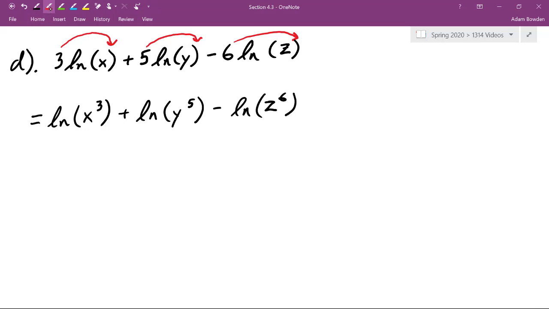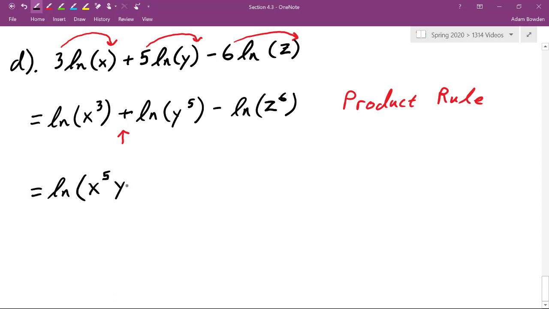Okay, and now we've got both subtraction and addition going on here. I'm going to take care of the addition part first, and that would involve the product rule. So what that tells me to do is to combine these logs into a single logarithm, so just one ln. I take the x cubed and the y to the fifth and put them side by side so that they're now multiplying each other inside of one logarithm.